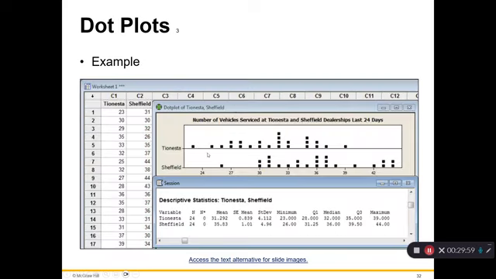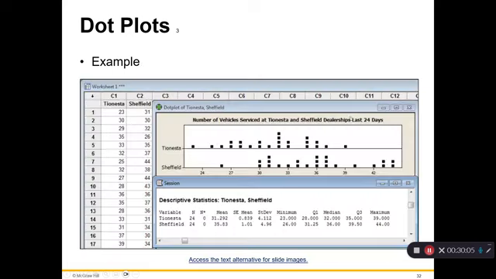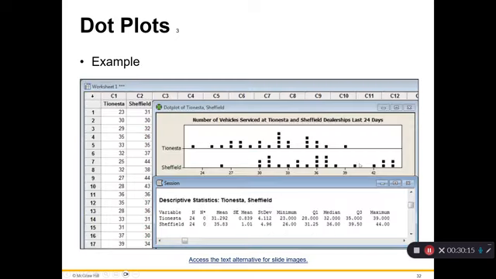How about 24? We have no 24 in this data set, so we skip it. And now 25. How many 25s do we have here? There is only one 25, so there's only one dot here, right? How about 26?